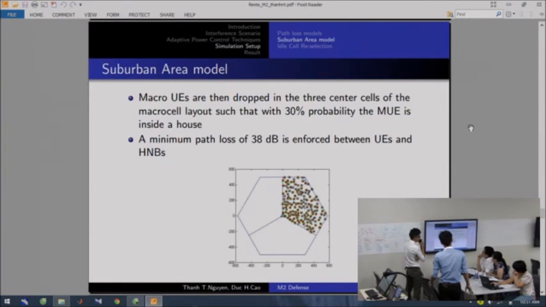The red point is the femtocell user receiving power from the femtocell, and the plus sign, the green, is the macro cell around, and each square corresponds to a house.